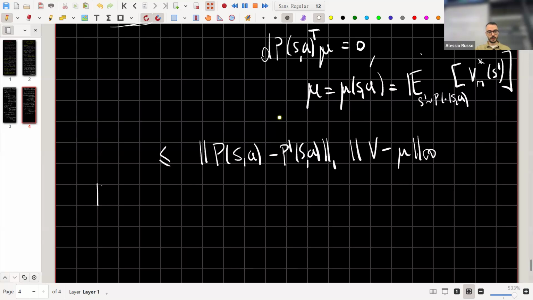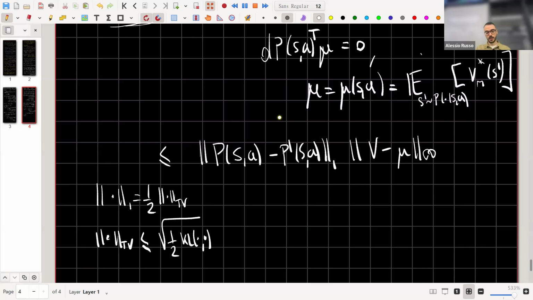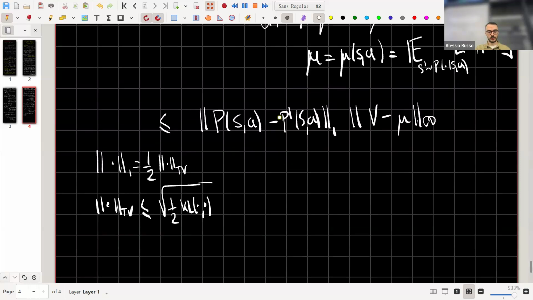And we also know that the L1 norm is equal to 2 times the total variation. And we also know that the total variation is upper bounded by the square root of 1 over 2 KL by Pinsker's inequality.